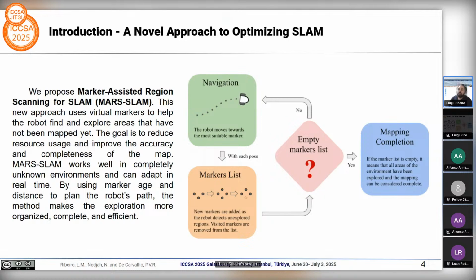MARS-SLAM works well in completely unknown environments and can adapt in real time, by using mark age and distance to plan the robot's path. The method makes the exploration more organized, complete, and efficient.